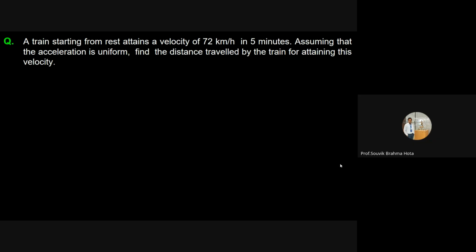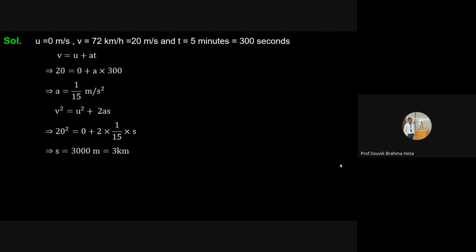So what you should do for this case, initially you need to find the acceleration, after that you can find the distance. So you can use v square is equal to u square plus 2as. v is 72 into 5 by 18, so 20 meter per second.